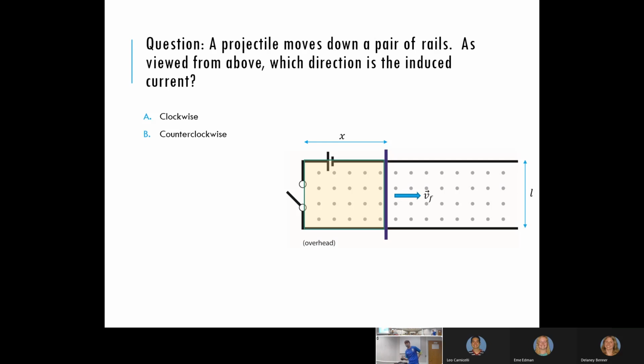I just want the direction here. What direction is the induced current through the loop as the bar moves down the rails?